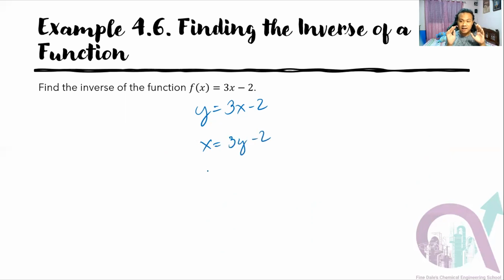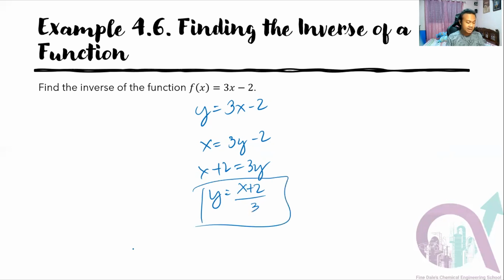And then, I'll make it a goal that y remains on the left-hand side of the equation. Okay? So how simple is it? It becomes x plus 2 equals 3y, di ba? So, we can interchange and then divide both sides by 3. So, y is equal to x plus 2 over 3.